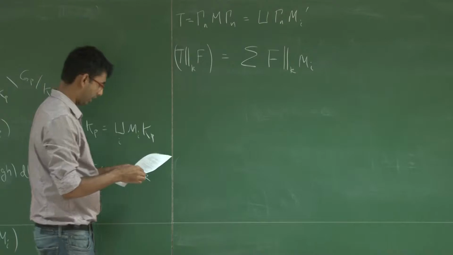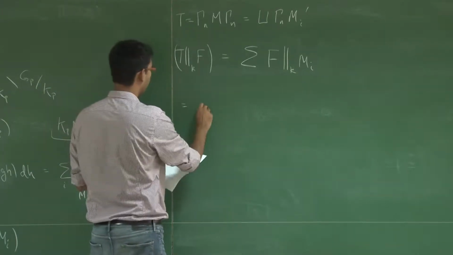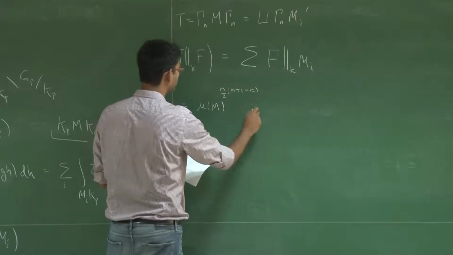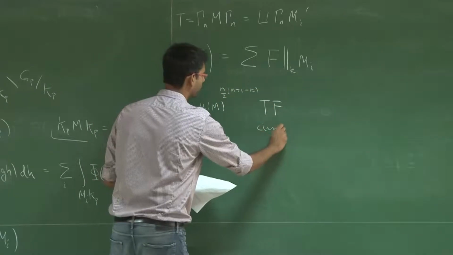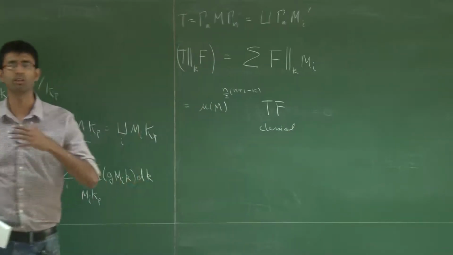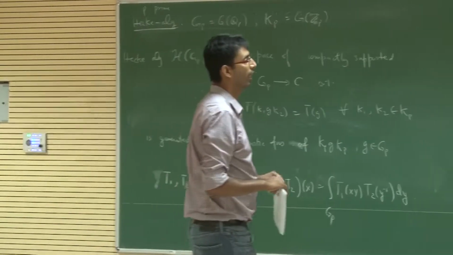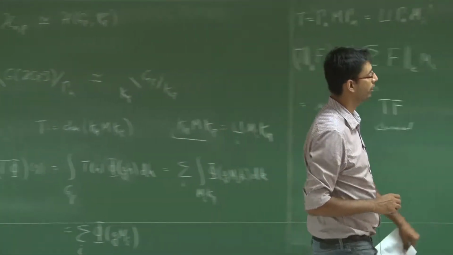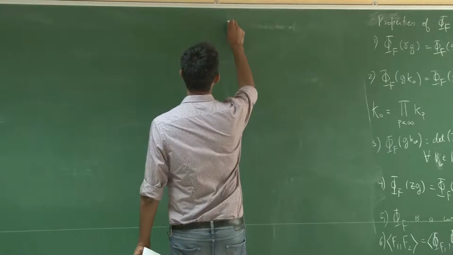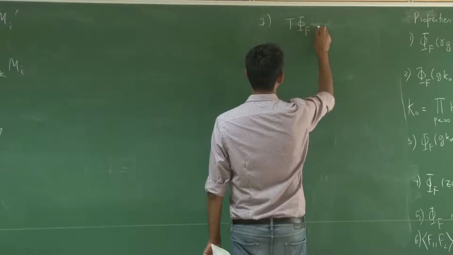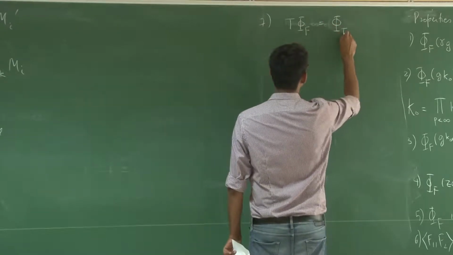And we basically see that this is mu of M times N to the power of (n+1-k)/2 of my classical action. It's just a factor of mu. So it's just a constant times this thing, as soon as I fix my M. And so I get my property number 7: T phi_f is phi of T double slash_k f. And the idea is, how do you prove this? Actually, something that we have already done.